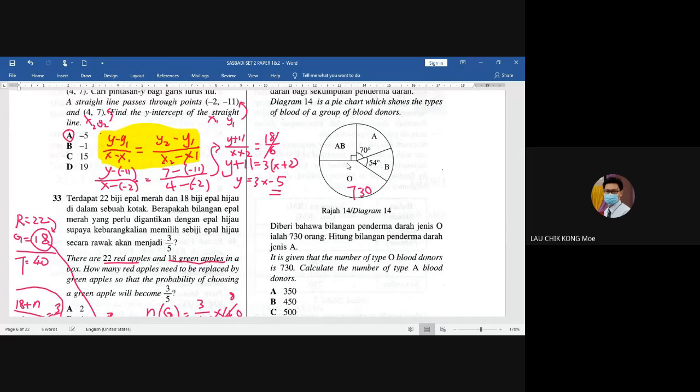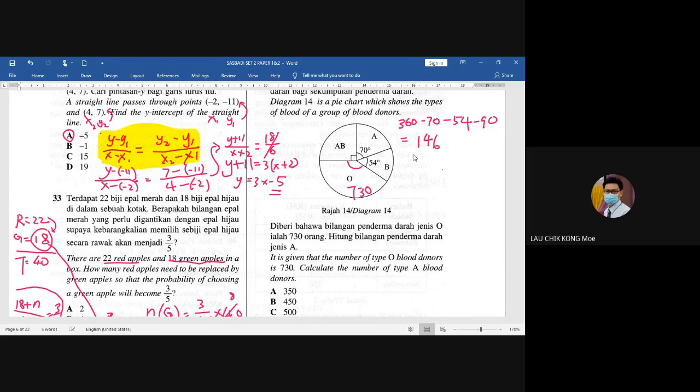So maybe we know that this angle we can find first. This angle is 360 minus 70 minus 54 minus 90. So the total is 146.